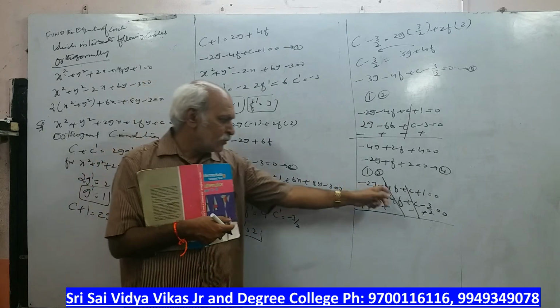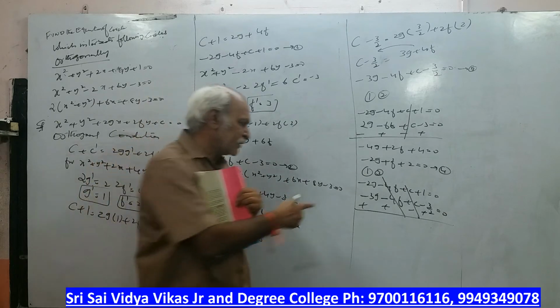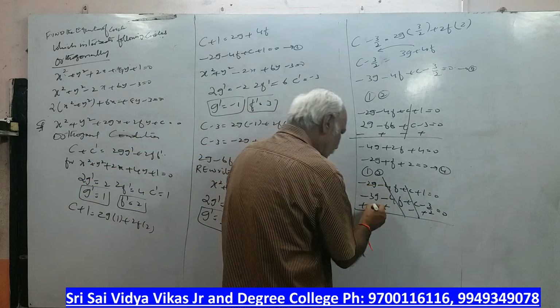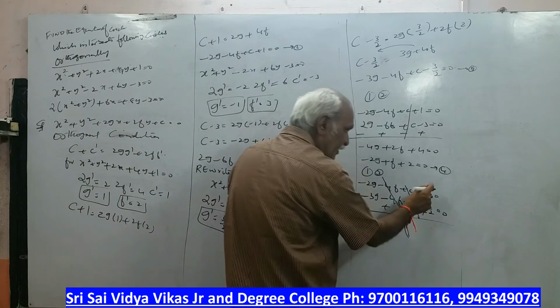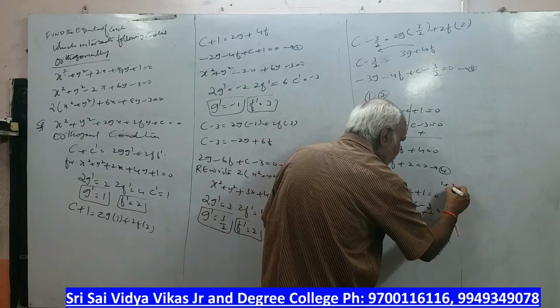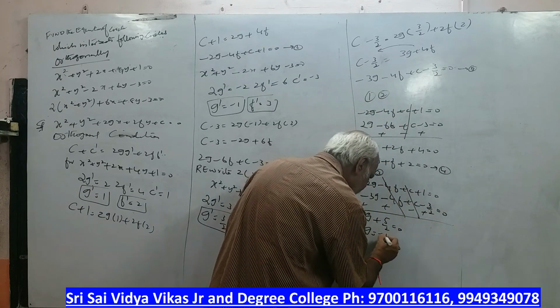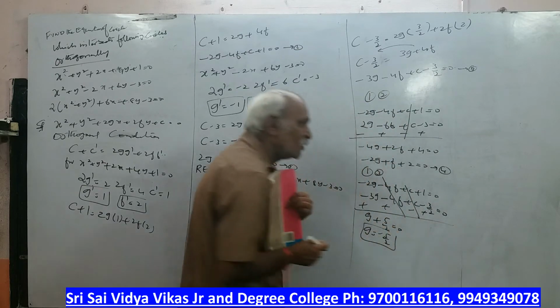That is important. So both c and f will get cancelled. So minus 2g plus 3g means what? g. Here 1 plus 3 by 2 means 5 by 2. LCM is 2, so 5 by 2. What is the g value? Minus 5 by 2. So you got the g value.